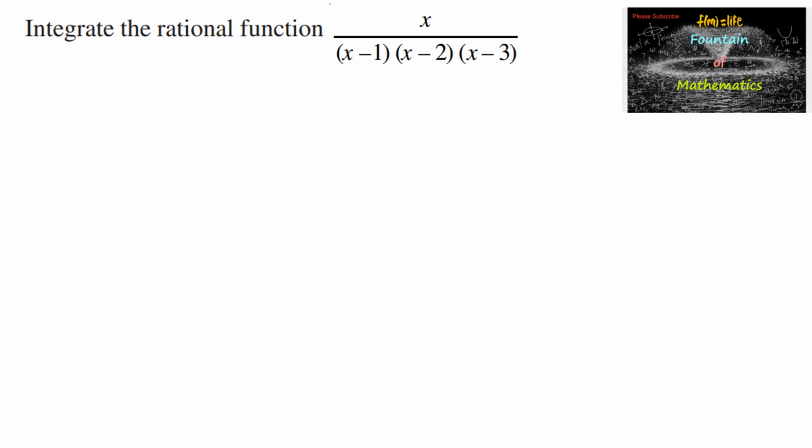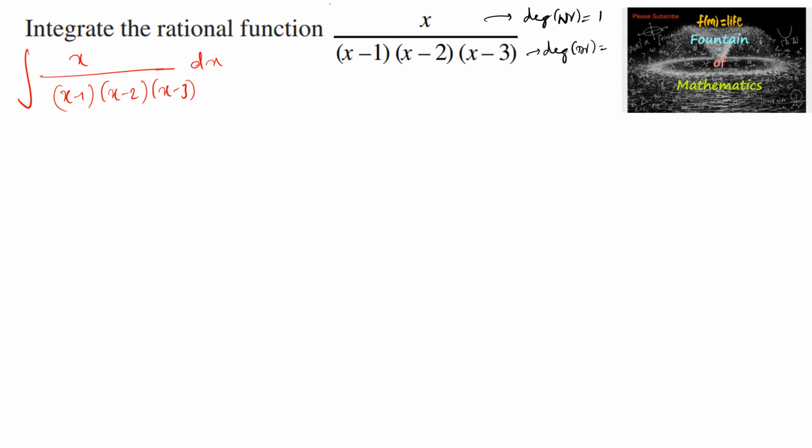Integrate the rational function x upon x minus 1 into x minus 2 into x minus 3 dx, and you can see that the degree of numerator is equal to 1 and degree of denominator is 3.